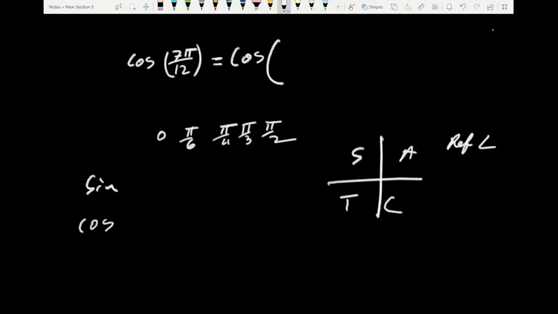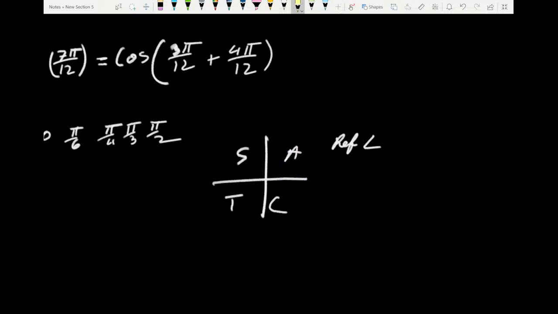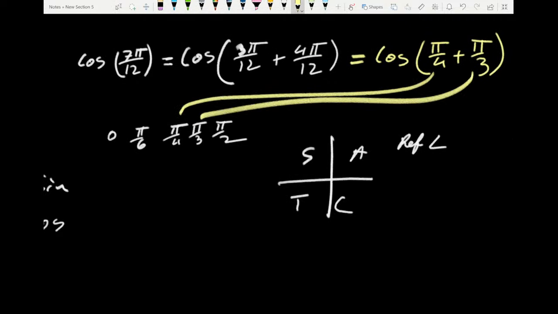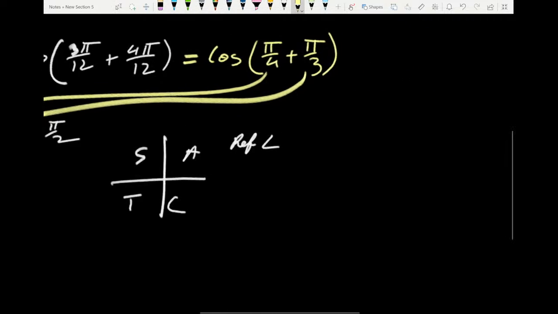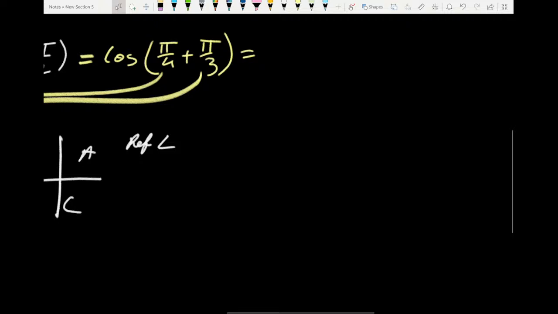The angles would be 3 pi over 12 plus 4 pi over 12, because when I simplify that, this is actually pi over 4 plus pi over 3. These are special angles. And I could use the cosine of a sum formula, expand that, and get the exact answer.